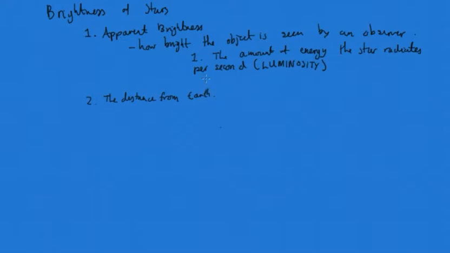Now, stars are huge distances apart from Earth. Therefore, you can be looking at stars in the night sky, and one can appear very bright and one can appear very dim.